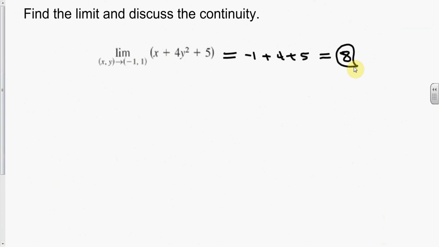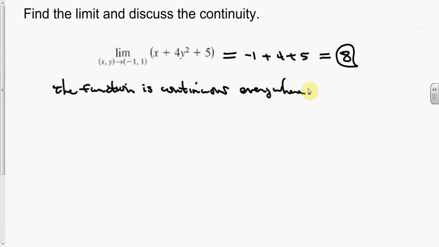Just get 8. The function is continuous everywhere.